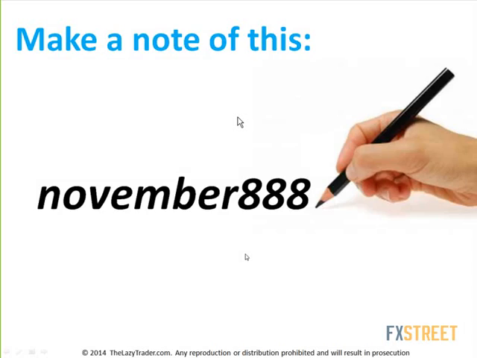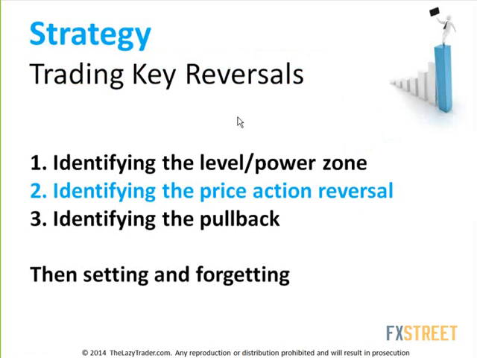Anyway, let's get started. So it comes as no surprise that in financial markets trading, you can either trade with the trend and enjoy the predictability that comes with trading with the trend, or you can trade key reversals.